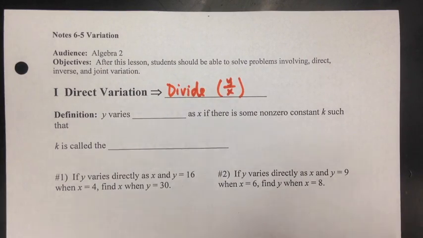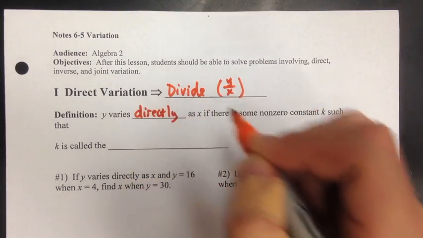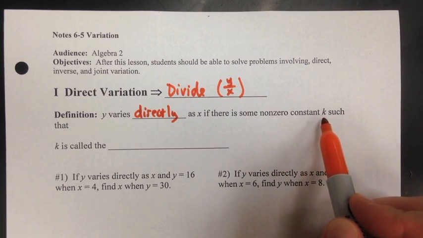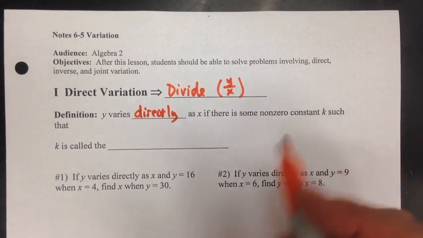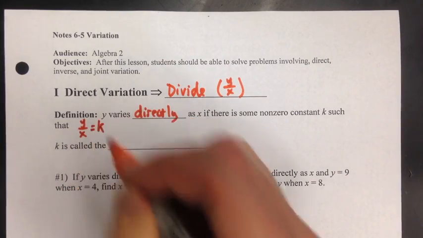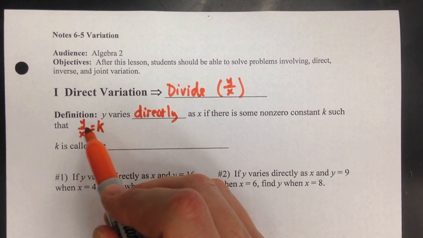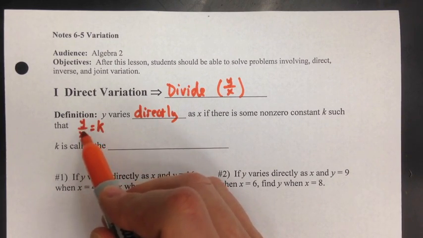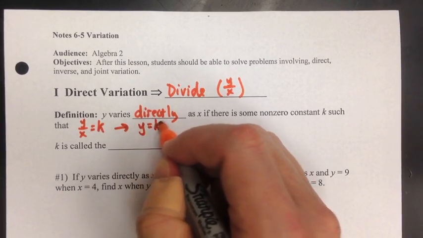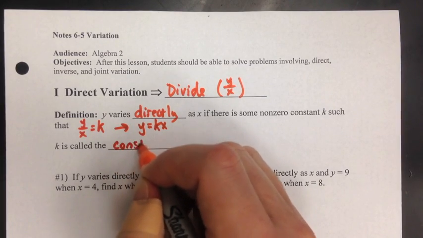The definition is that y varies directly as x if there is some non-zero constant we call k such that y over x, y divided by x, equals k, the constant. Now if we want to solve it as y equals, we can multiply both sides by x, so this becomes y equals k times x, and then k is called the constant of variation.